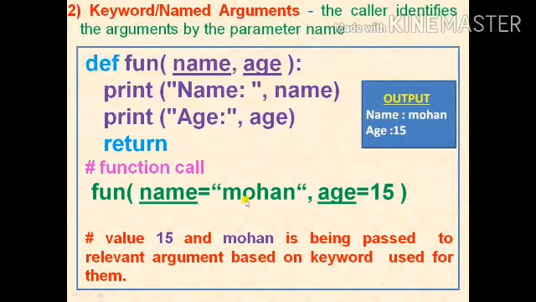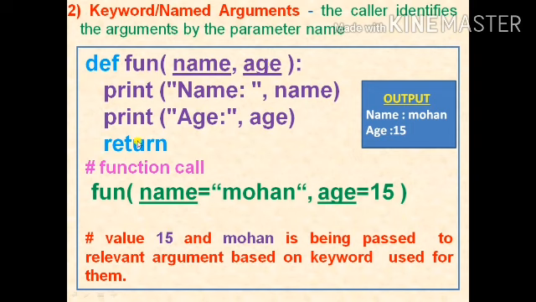The second pattern is keyword argument. The caller identifies the argument by the parameter name. Simply, if we have defined fun with name and age as 2 required arguments, there are 2 statements: print name, whatever name is given here, and print age, whatever age is given here.